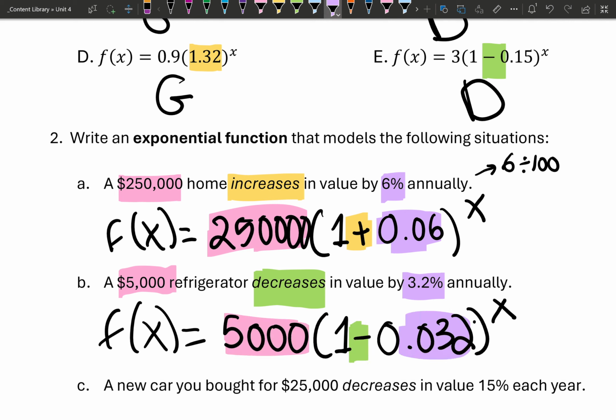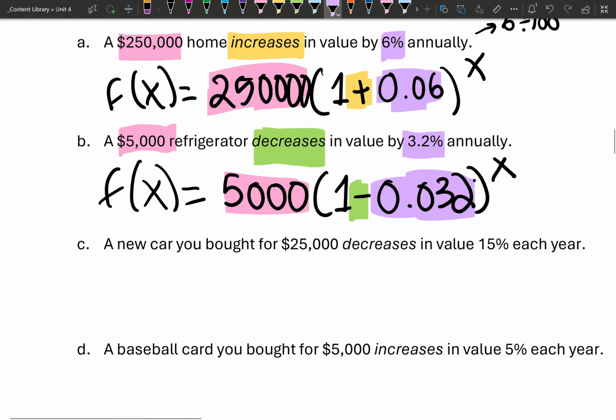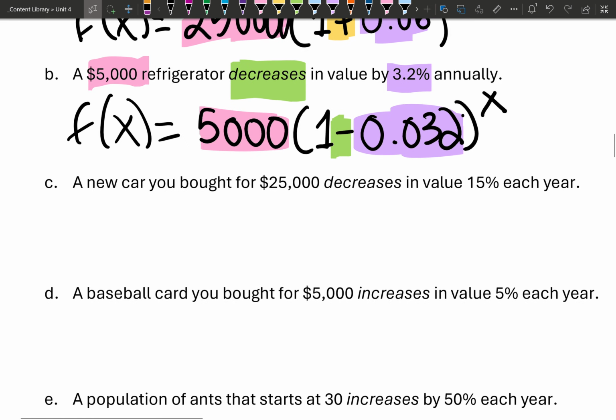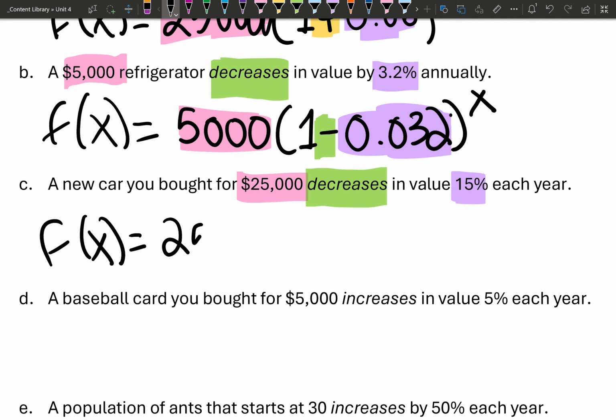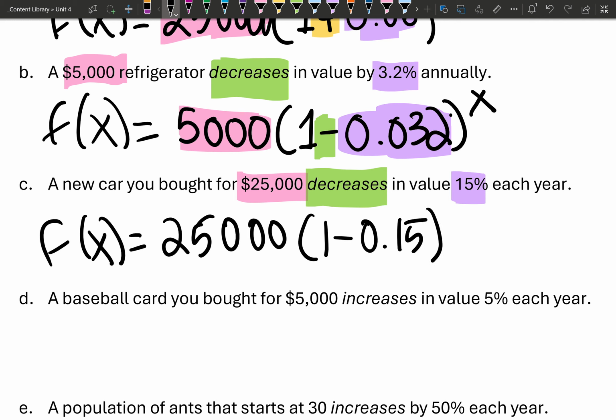Okay, we bought a new car for $25,000 that decreases in value 15% each year. Now, unfortunately, the first year that you get a car, it decreases about 20%, and then after that, it decreases 15% a year, which kind of sucks, but that's the way the market is.